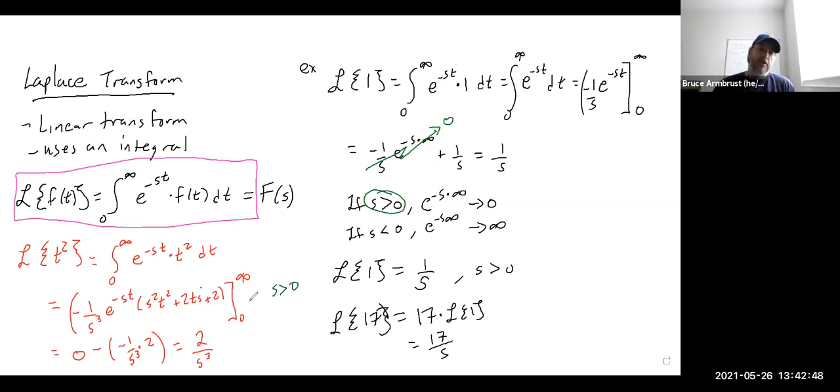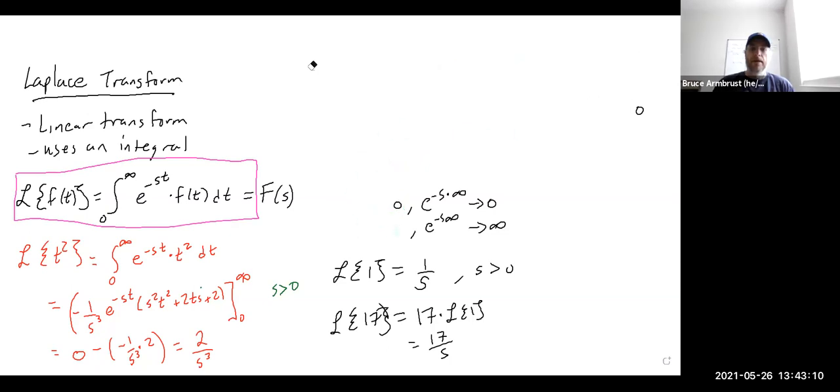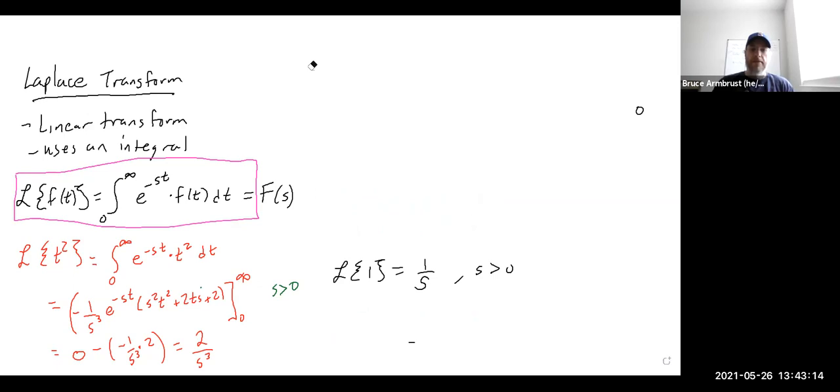Which of course now means we also know the Laplace transform of 4t squared. We actually know the Laplace transform of t squared plus 1, because we can combine what we found here when we've got things made up of both. So for example, let me quickly erase this. We'll leave our answer to the Laplace transform of 1.